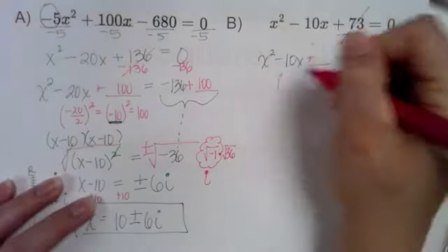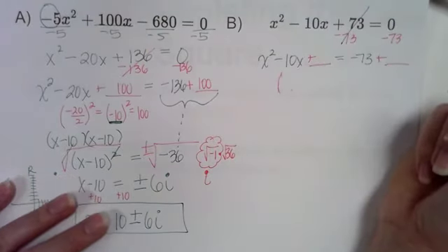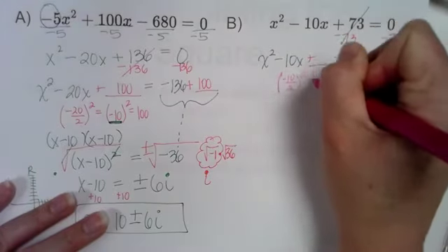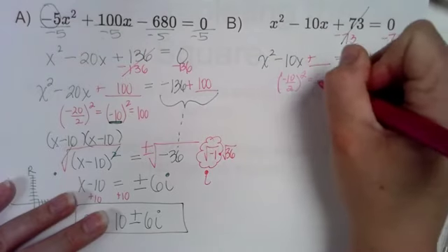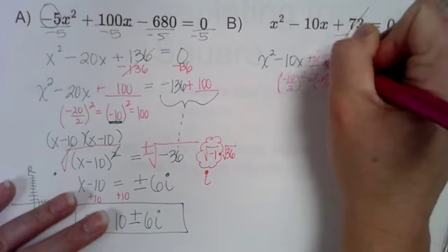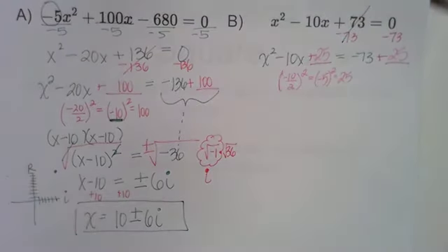How do we calculate this value here? Divide negative 10 by 2 and square it. What would that be? Negative 5 squared, which is always going to give us a positive value. In this case, 25. Negative 5 quantity squared gives us 25.